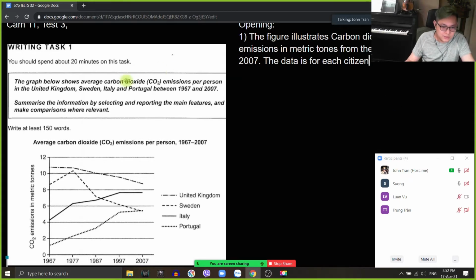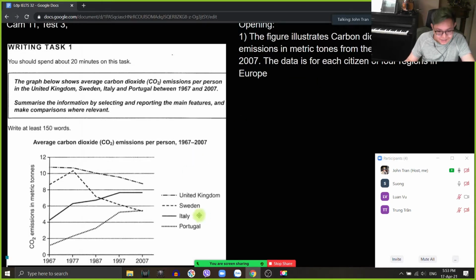And then you can put the name of the countries in here. Or alternatively, you can just mention there are 4 different regions. You can add the name of each region, or just write 4 regions and that's fine. The data is for each citizen of 4 regions in Europe.